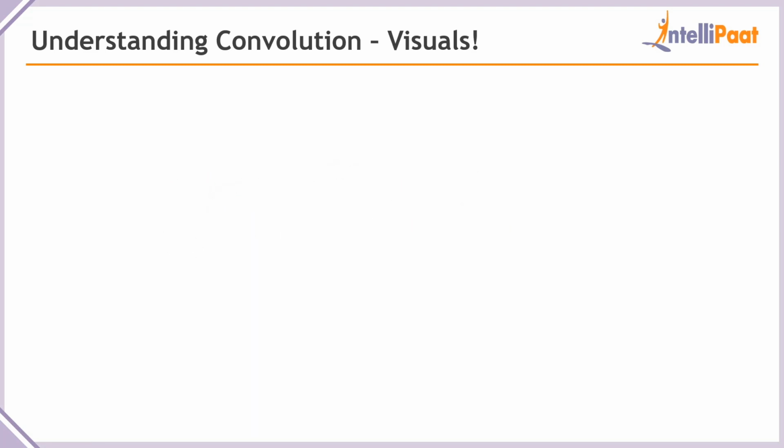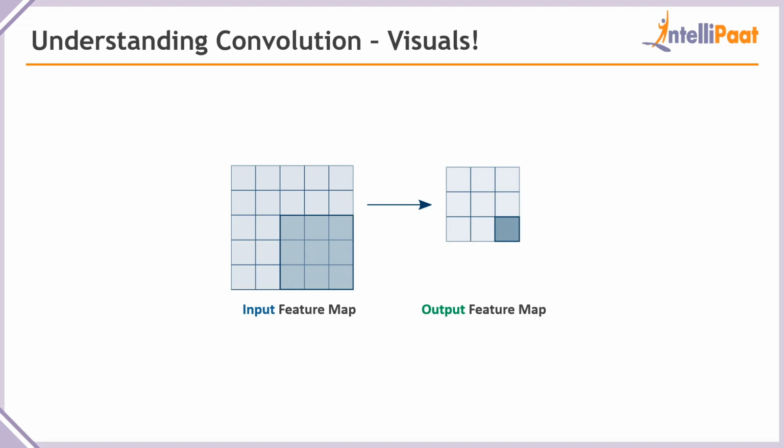Now let's quickly get back to convolution and visualize that. As we talked about, an input image is a matrix and we apply a filter on it. Here is what an input would look like, and here is how the corresponding output would look when we perform a dot operation between them. As you can see, our filter is 3 cross 3, 3 columns and 3 rows.